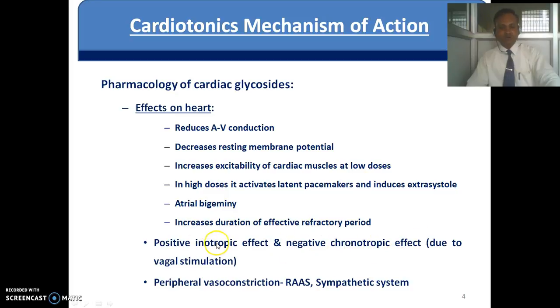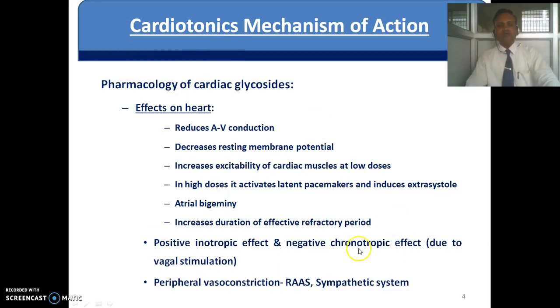Now these two words are important here. Inotropic action means ability to increase the force of contraction. So positive inotropic means increase in force of contraction. Negative chronotropy means decrease in rate of heart, decrease in heart rate. So these are actions of cardiotonics on heart. They have positive inotropic action and negative chronotropic action. This negative chronotropic action is because of vagal stimulation of heart or release of acetylcholine in response to presence of cardiotonics.